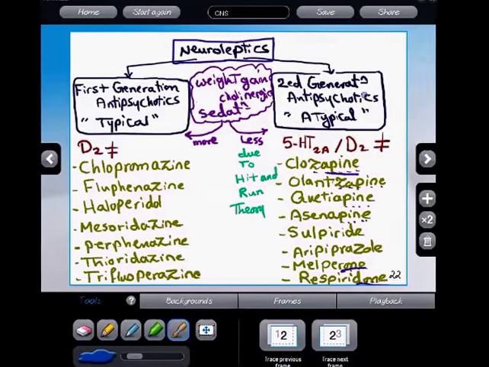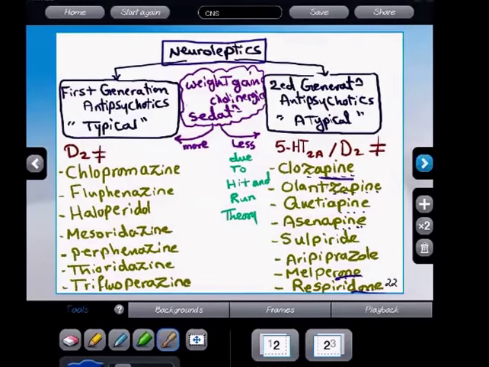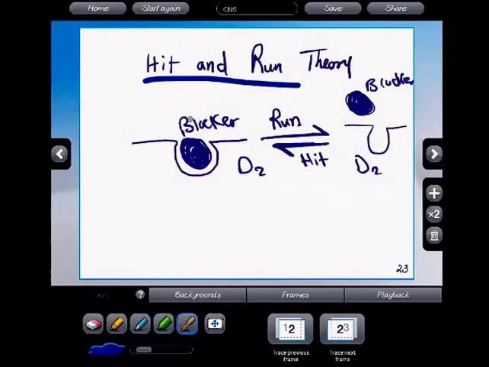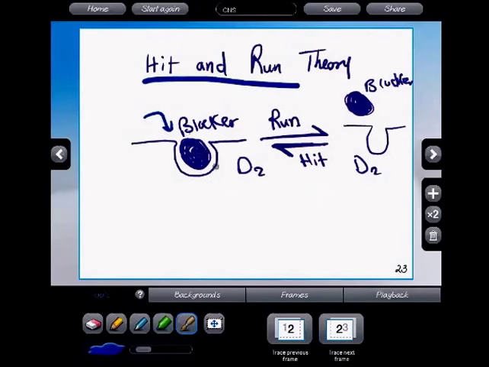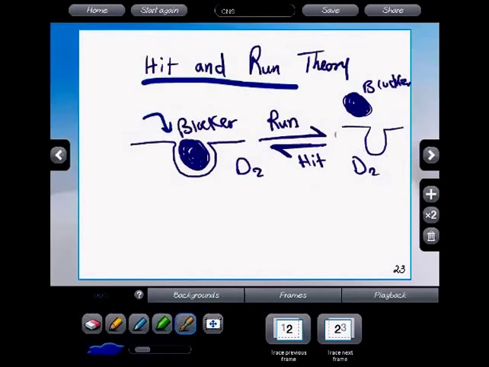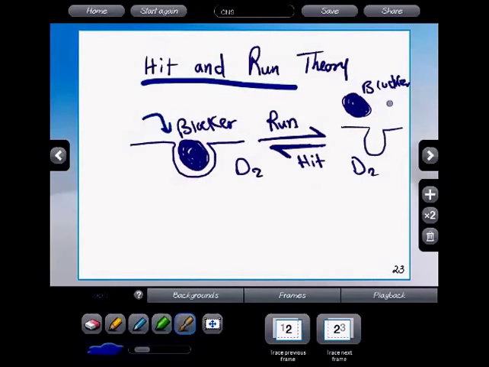The hit and run theory shows that the blocker goes and begins to fit into the receptor. After this, it dissociates from the receptor, then comes back to block the receptor, then dissociates again. So we say it hits the receptor by blocking it, then runs from the receptor and dissociates from it.